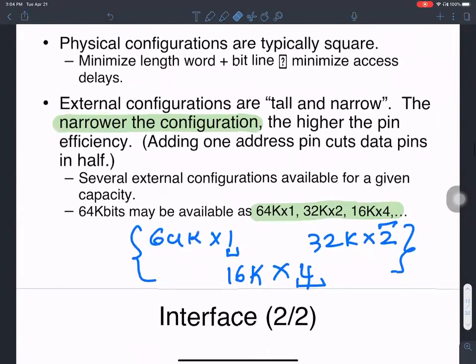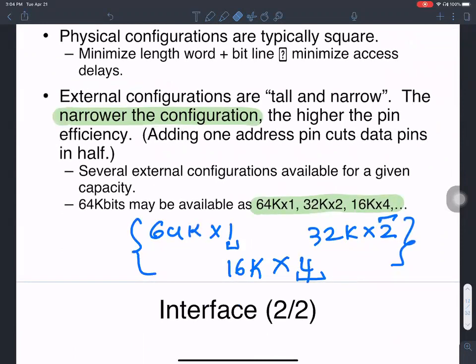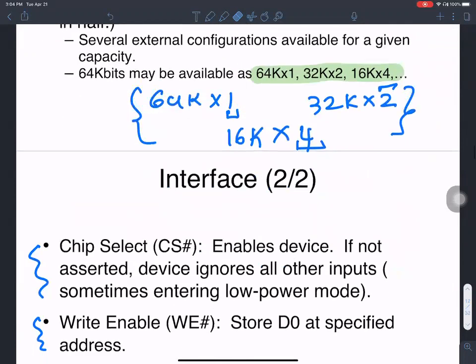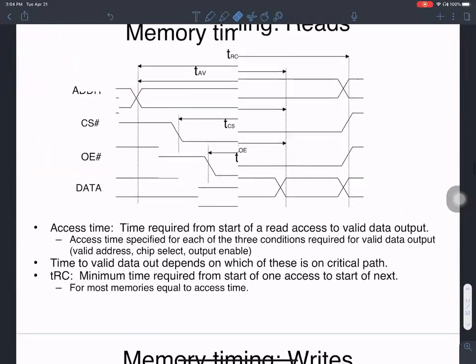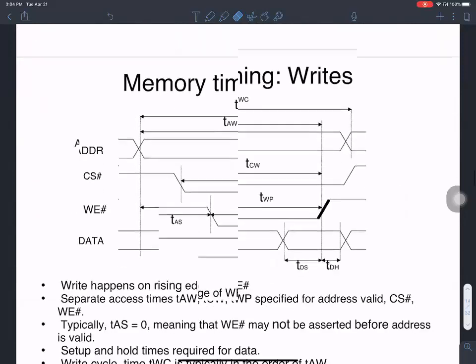There can be different topologies of memories, meaning there could be different aspect ratios. The same 64 KB of memory could be 64 by 1, 32 by 2, so on and so forth. And then we looked at the functioning of the different control signals.